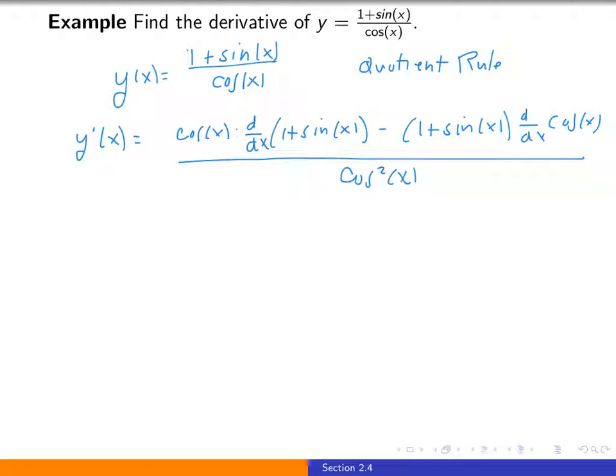And this is all divided by the bottom squared. And now we go ahead and evaluate the remaining two simpler derivatives. The derivative of 1 is 0, and we add on to that the derivative of sine, which is cosine. We're subtracting away 1 plus sine multiplied by the derivative of cosine, which is minus sine.